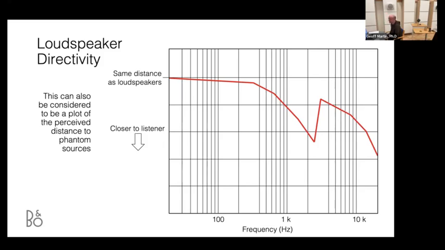In effect, what's happening is that the dipole is giving you a much higher direct to reverberant or direct to reflected ratio, and that's making everything appear to be closer than the loudspeakers, in the same way that any loudspeaker would sound if you were in an anechoic chamber.